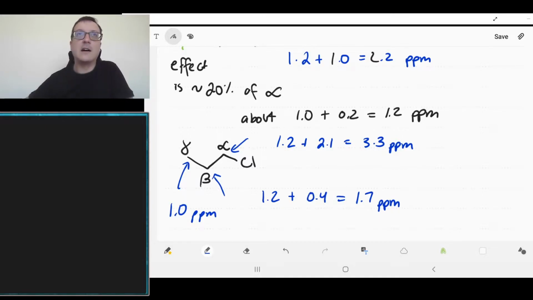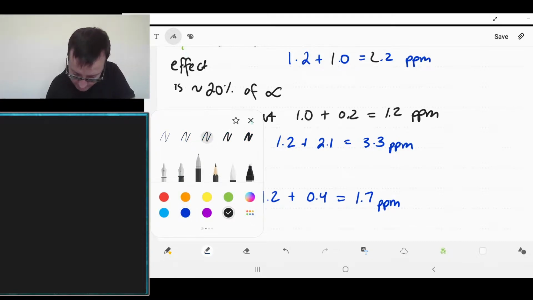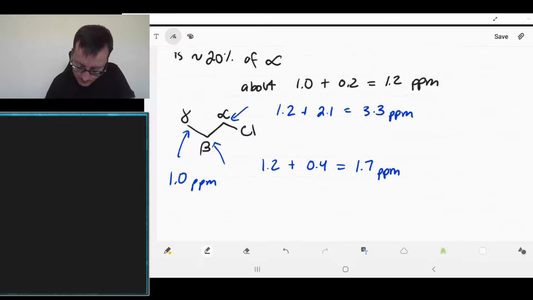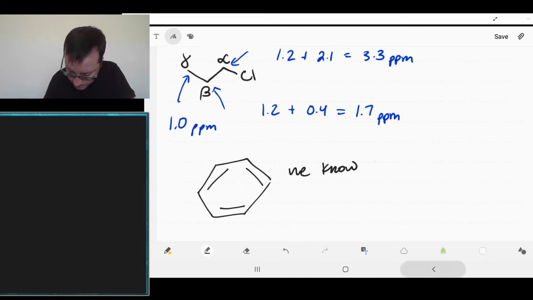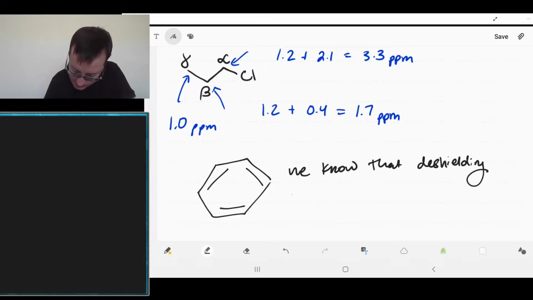Well, not really. Do I want to talk about anisotropy? Talk about benzene for a second. We know that deshielding the nucleus shifts it downfield, right?